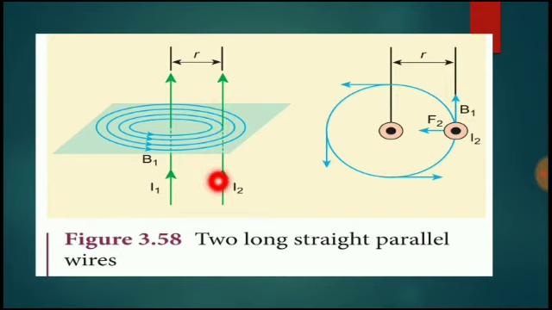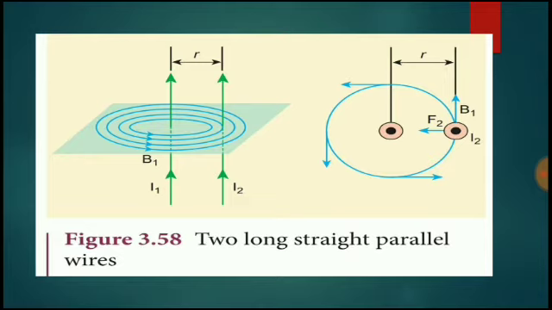At the same time, consider the second conductor carrying current I2. Around this, what will be present? A magnetic field, that is B2. In that magnetic field B2, the first conductor is present. Basically, when current flows through a conductor, a magnetic field is present around it.